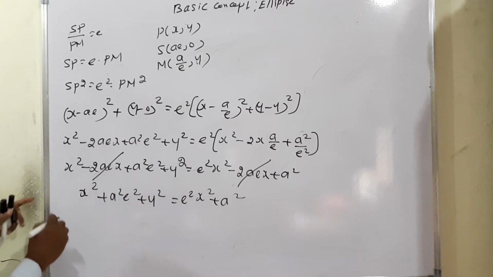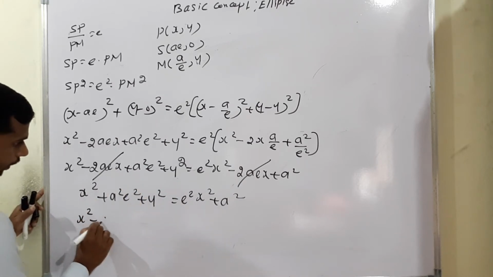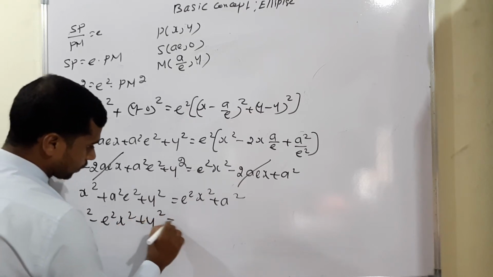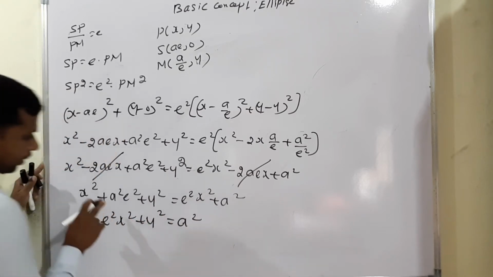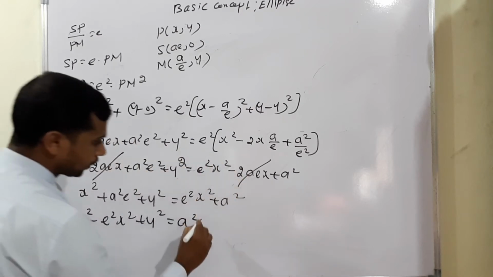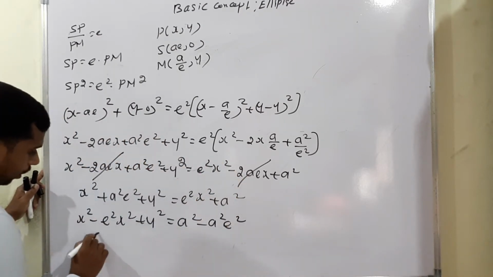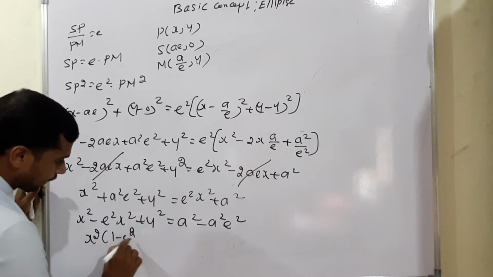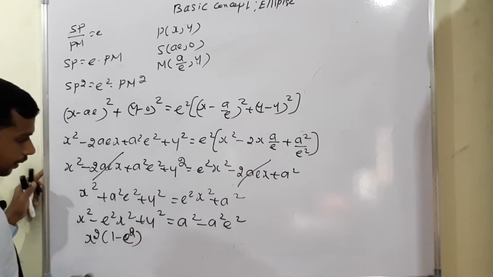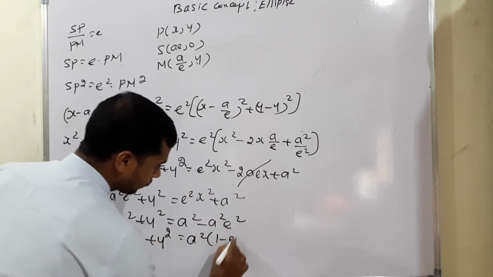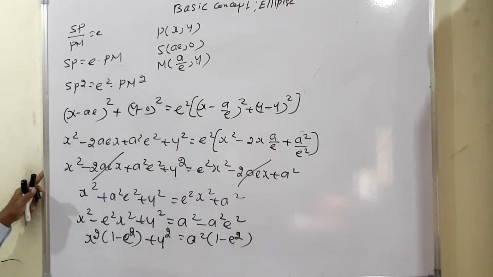Plus e square x square bring to the opposite side means minus e square x square, then plus y square. Right hand side a square is there, plus a square e square bring to the opposite side means negative a square e square. Again x square take common outside means 1 minus e square, plus y square is equal to, again a square take common outside means 1 minus e square.